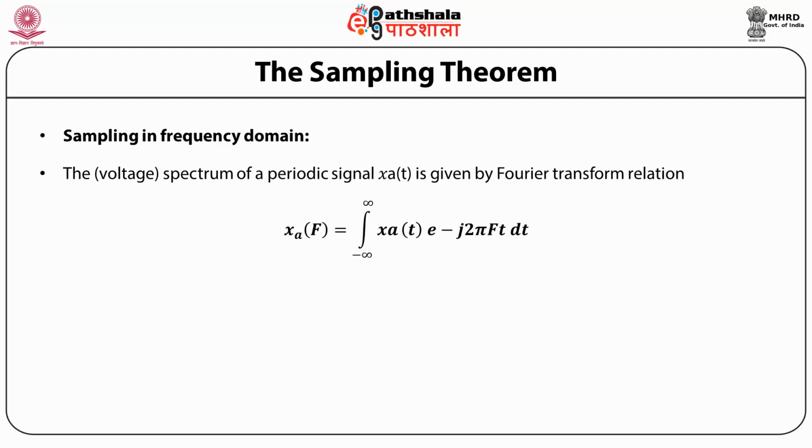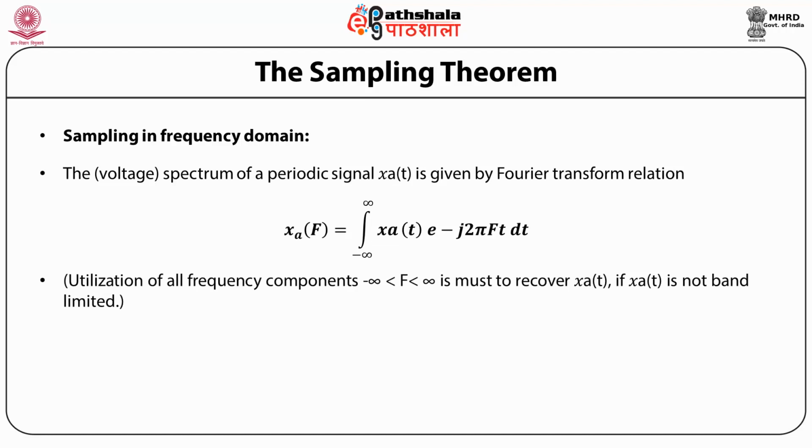So utilization of all frequency components F varying from minus infinity to infinity is a must to recover x_a(t) if x_a(t) is not band limited, and x_a(t) equal to integral minus infinity to infinity over X_a(F) exponential j 2 pi F t dF.